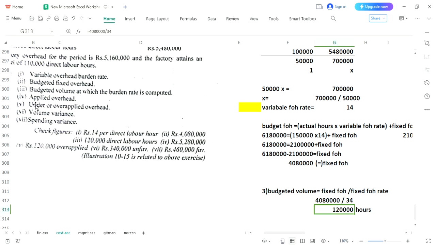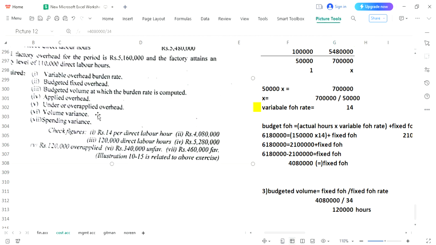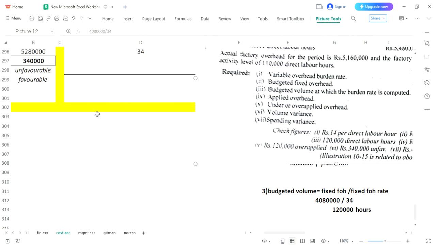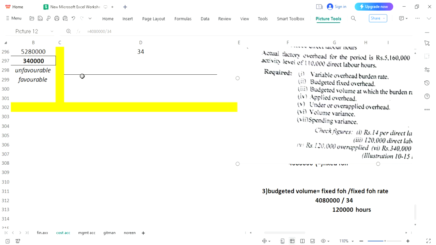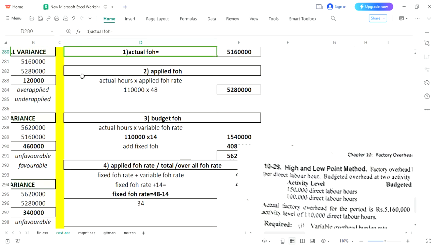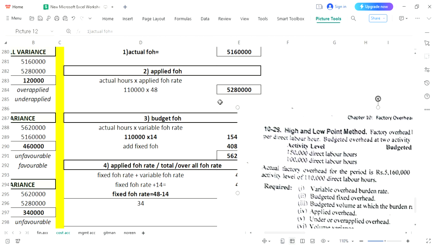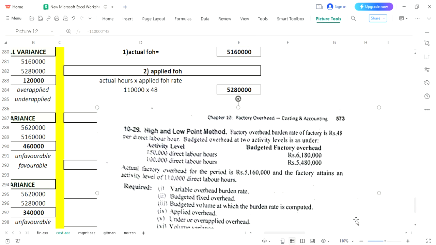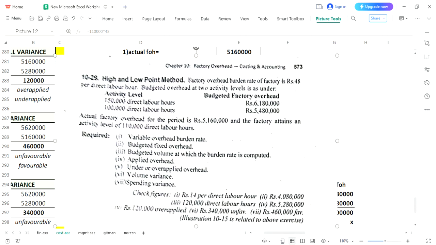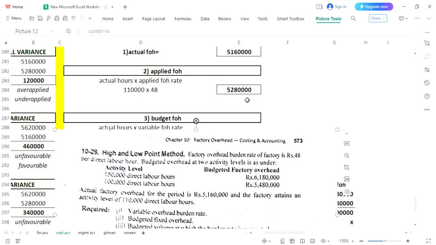Alright. Next, applied FH was required. So you will go over here and see we have calculated all of our requirements according to the question. Applied FH was calculated as 52 lakh 80,000, and the fourth requirement, applied FH, is 52 lakh 80,000, and you have calculated applied FH as 52 lakh 80,000.